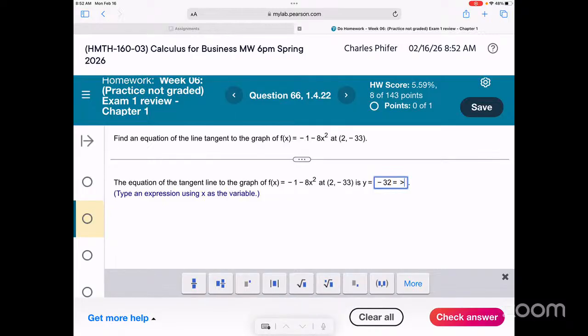So y equals mx plus b, negative 32 times 2. We're solving for b. Negative 64, 64 minus 33, we're getting a positive 31 for b.